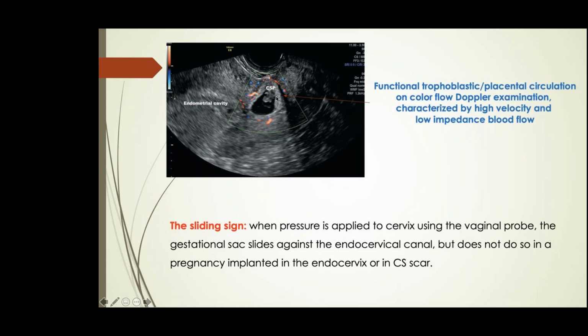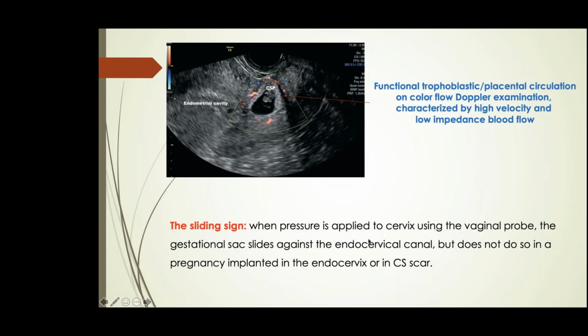So the presence of functional trophoblast or placental circulation would increase the possibility of the diagnosis of cesarean section scar pregnancy. In addition, there is the sliding sign, which is a very important sign.